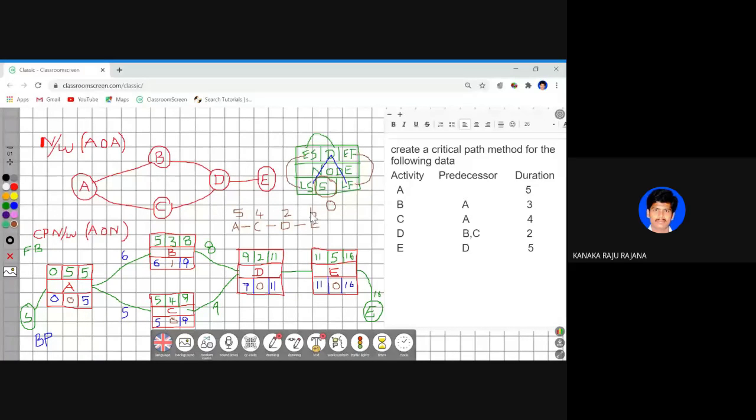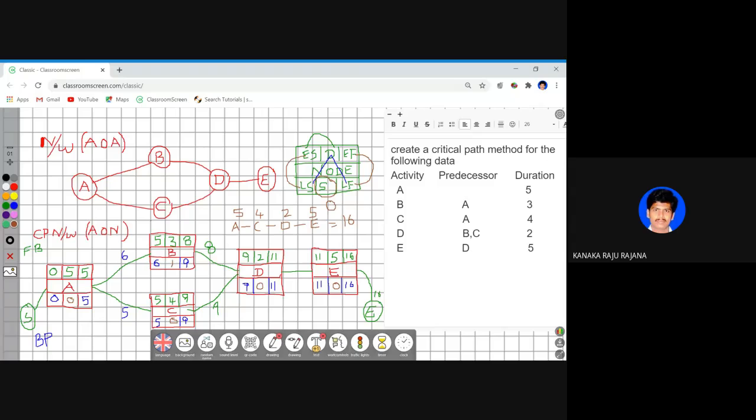Now, if you add all these, we will get a value which is equal to the project end date. Observe this. 5 plus 4, 9, 9 plus 2, 11, 11 plus 5, 16. So how many days did it take to complete the entire project under forward pass? 16 days. The same value will be achieved here. That is called the critical path method.